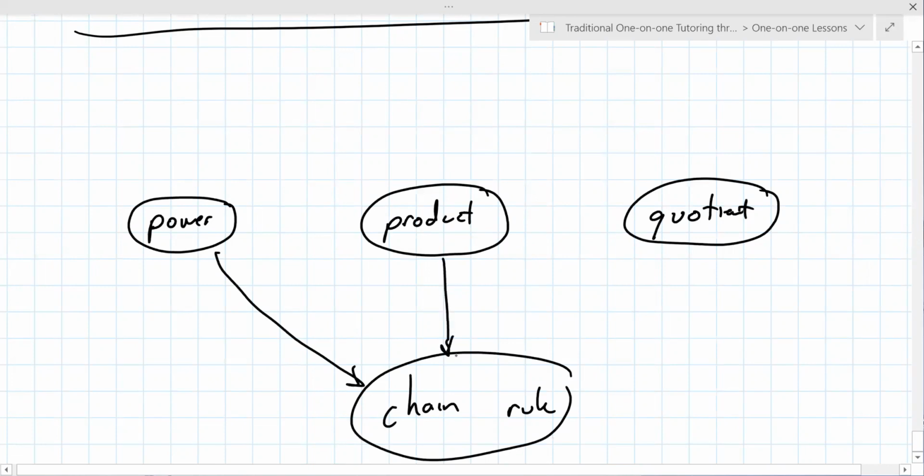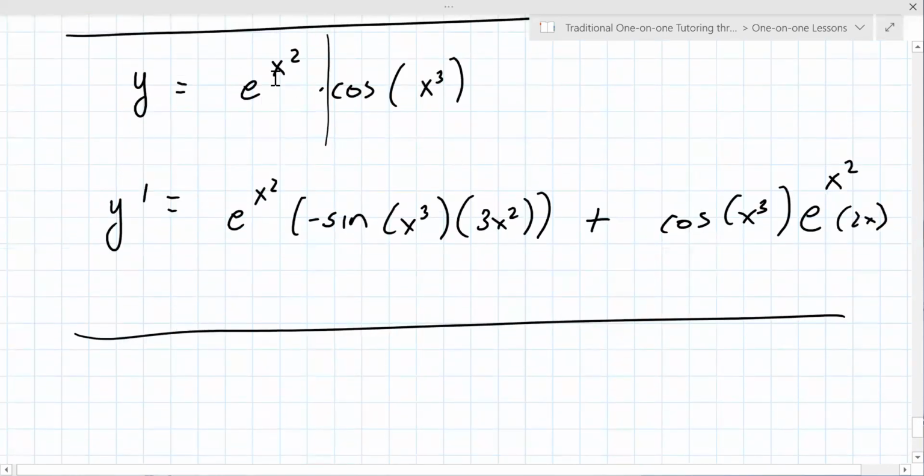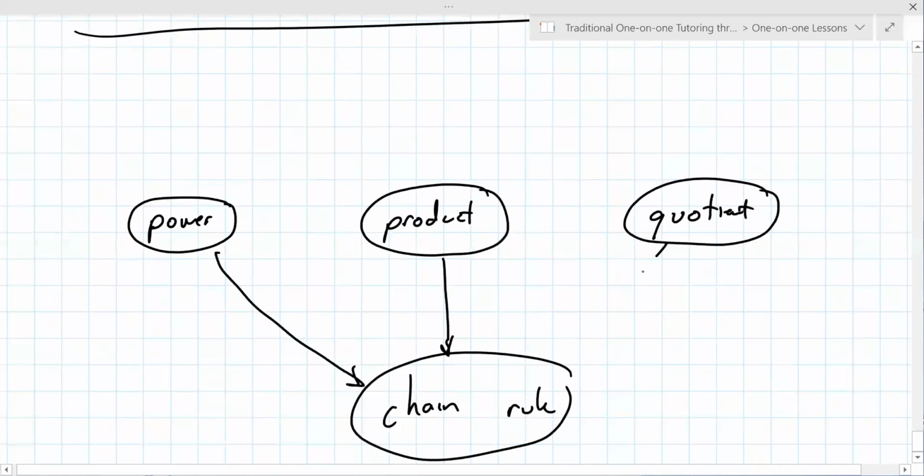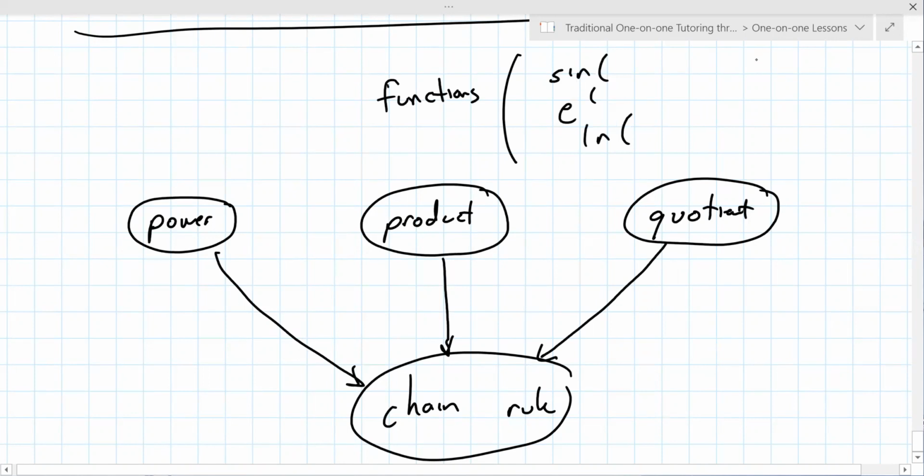Product rule can lead to chain rule. Okay, we just saw that in this example here. Product rule, because there's an inside function, and then quotient rule similarly leads to that. Okay, but what I've kind of left off is these functions, like sine of, e to the, ln of. These all have a derivative, but then they also lead to chain rule.